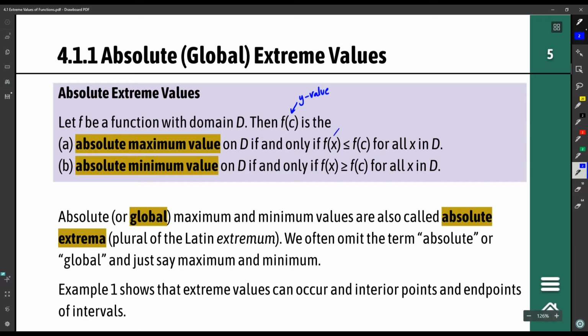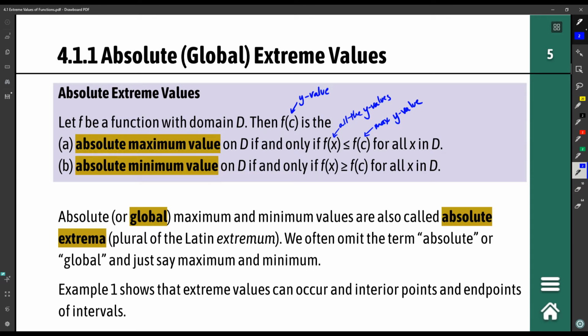So this means that all the y values are less than or equal to, which basically means on a graph lower than the maximum y value. So that's a good way then to define an absolute maximum.